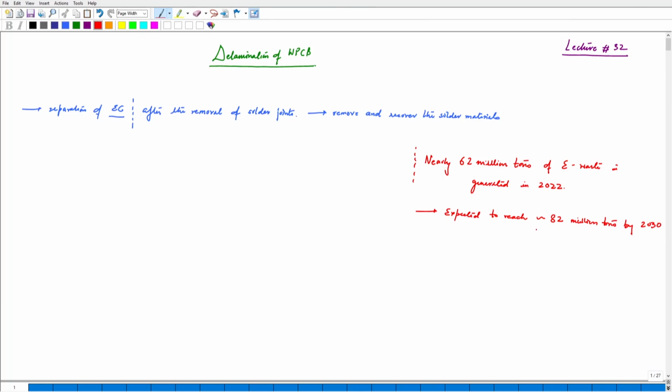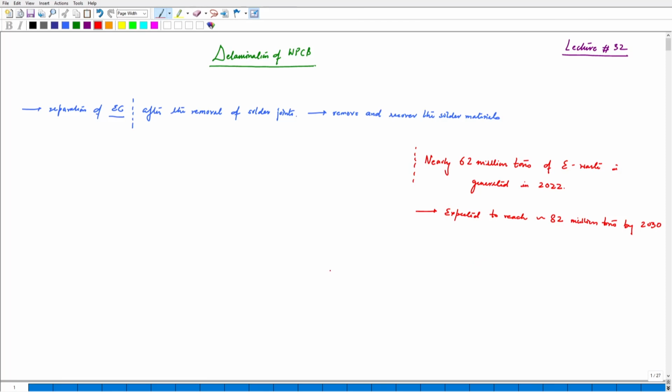Of course, this is an estimation, but it is projected that it might reach this value, and some other projections show that it can reach about double this 62 million in, let's say, 2050.